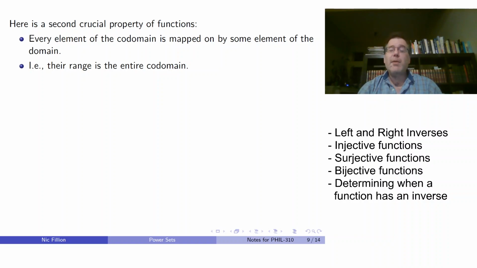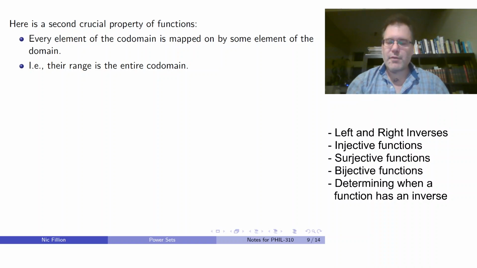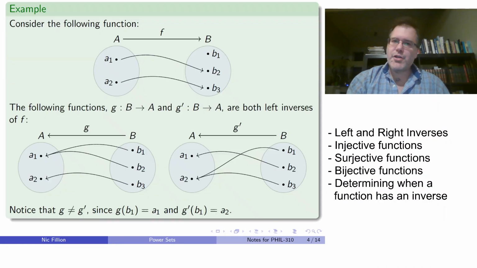So for some functions, every element of the codomain is mapped onto by some element of the domain, right? So again, I'm going to come back a little bit to that image that we had at the very beginning. Here for f, we have an element of the codomain that is not mapped onto by any element of the domain, okay?